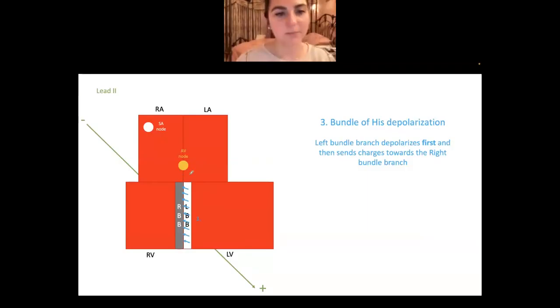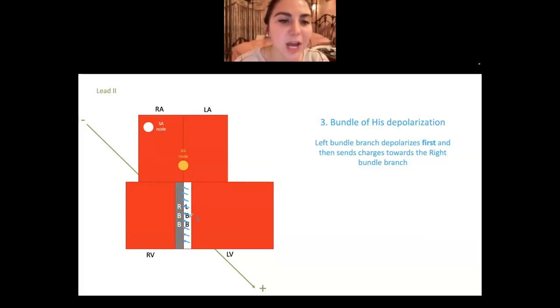Next, we have the bundle of His depolarizing. The first thing, this might just be a fact that was in Klabunde, is that the left bundle branch actually depolarizes before the right bundle branch. Klabunde thinks it's because the left ventricle obviously is a lot bigger. So the heart wants the left bundle branch to be set before we depolarize the right side.